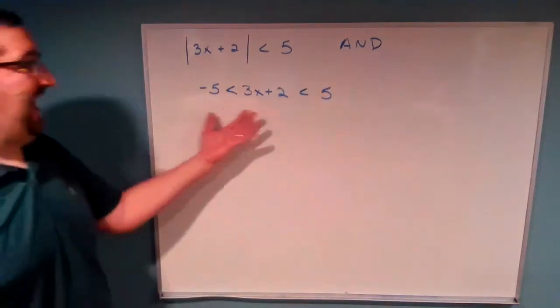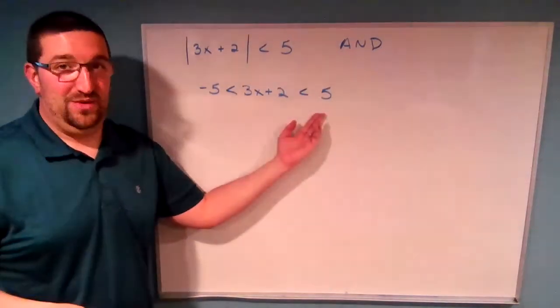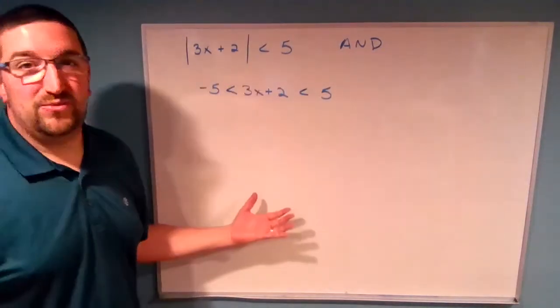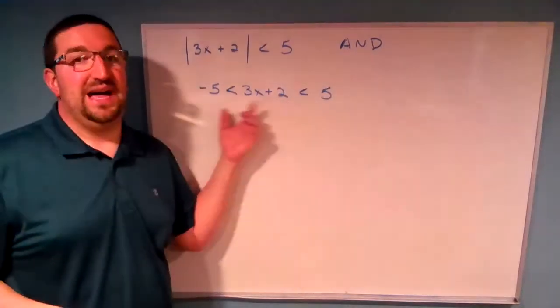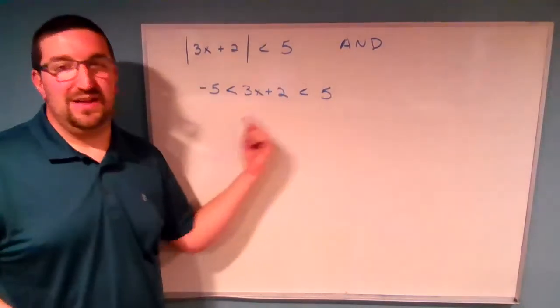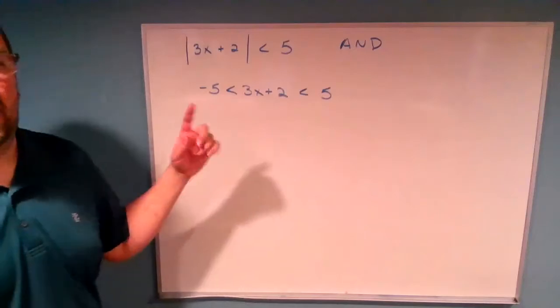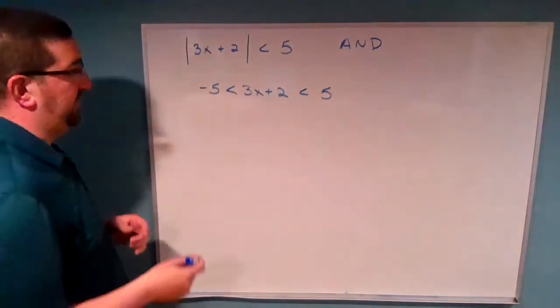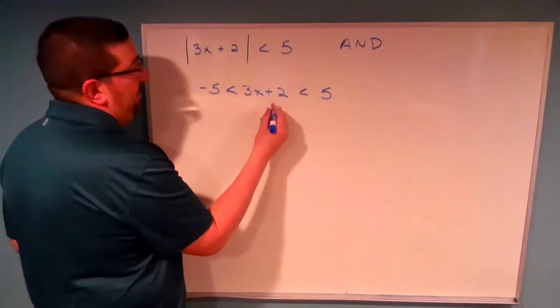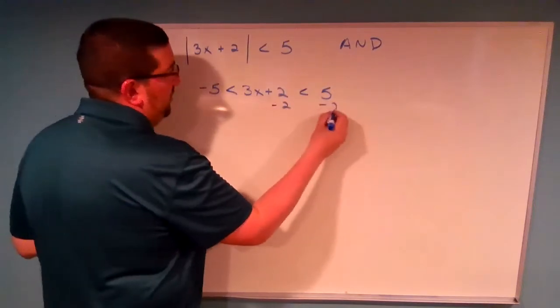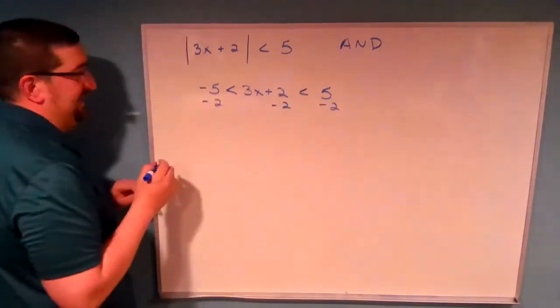Okay, so now we have to solve this down. We still follow all the same rules we had for solving an inequality. If we have to divide each side by a negative, we still have to flip it. That's going to appear in one example that I'm going to do for you today. So we get x in the middle by itself. We're subtracting 2 from all three sides.